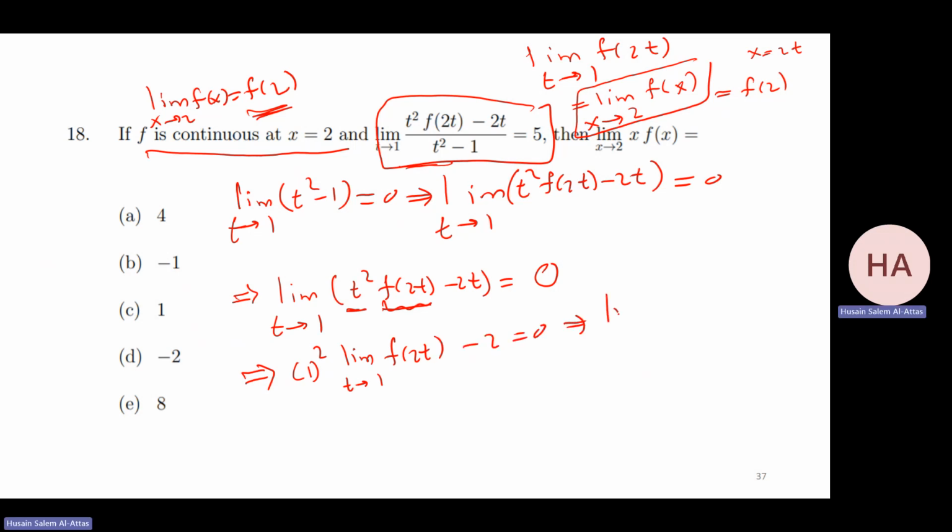So this limit equals 2. So now we need to check this limit. We know that this is equal to 2. So it implies, as I quoted before, the limit as x goes to 2 of f of x equals the same thing, which is 2.